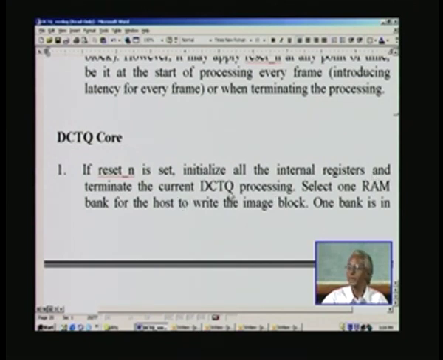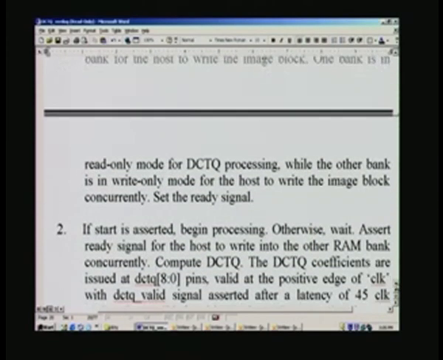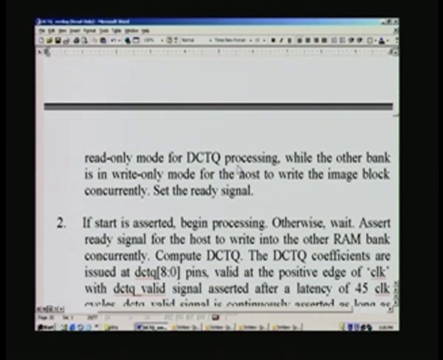For example, if it was already processing something, the moment reset is applied, it will abandon the DCT processing and initialize itself, and select one RAM bank for the host to write the image block. This is done by the control R and W. One bank is in read only mode for DCT processing, while the other bank is in write only mode for the host to write the image block concurrently.